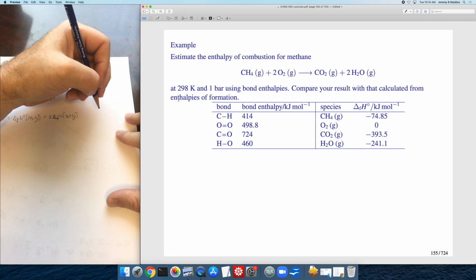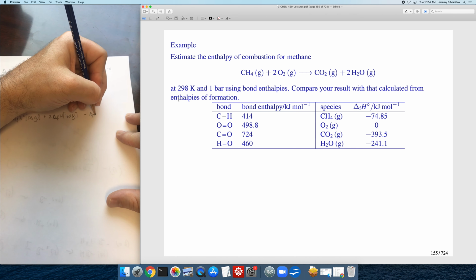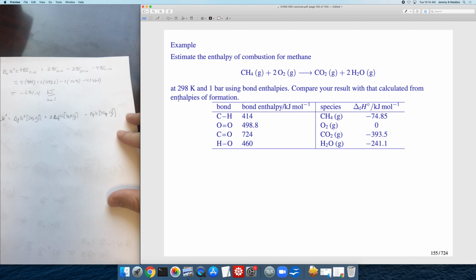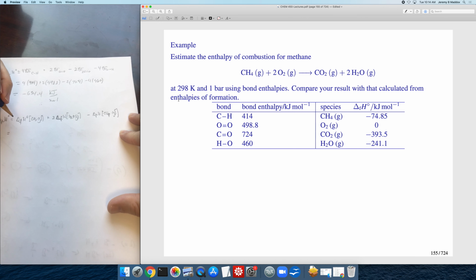And then we'll subtract off the enthalpy of formation for the methane, and the enthalpy of formation of the oxygen is 0, so we don't need to include that.